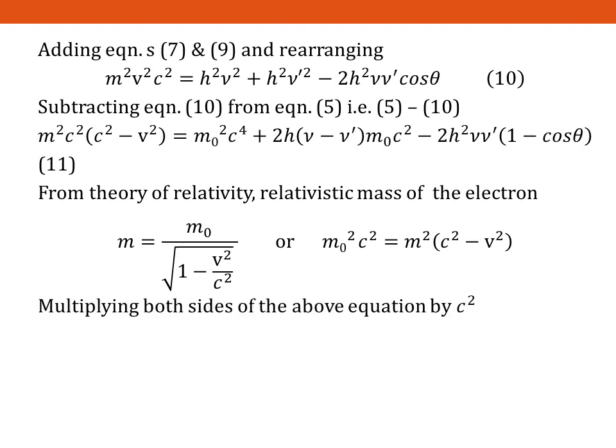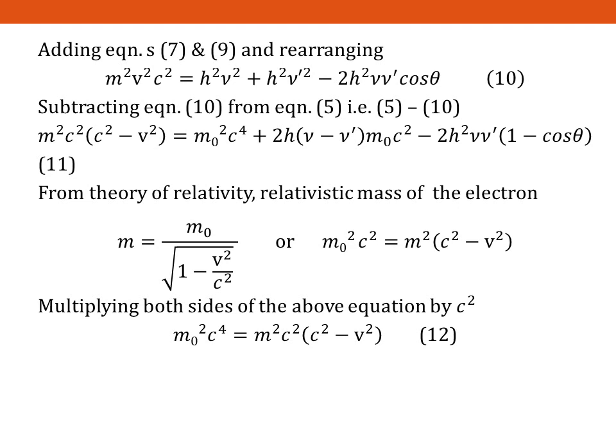We multiply either side of this equation by c². We therefore have m₀²c⁴ = m²c²(c² − v²). This we call as equation 12.